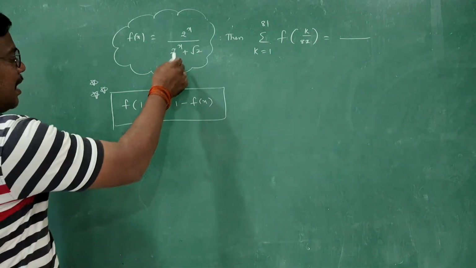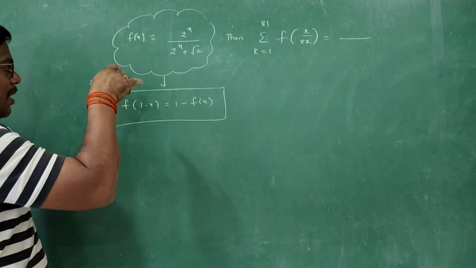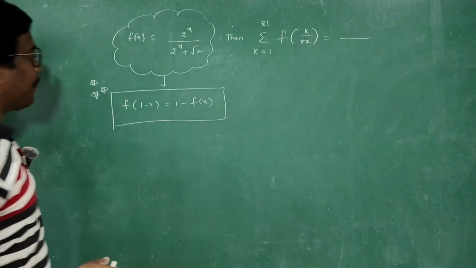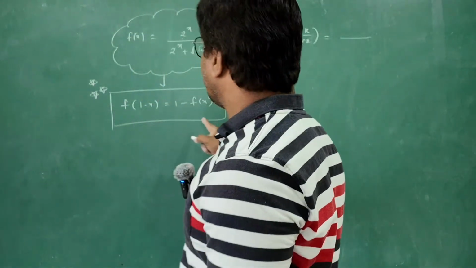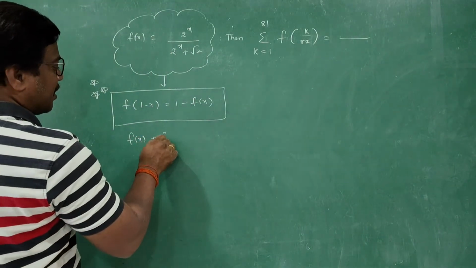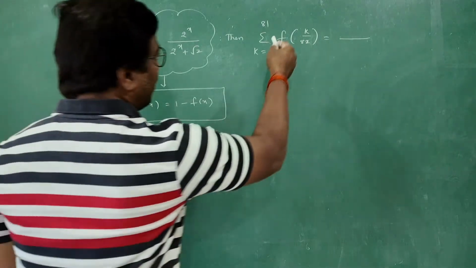Okay, it satisfies this functional equation. So if you remember this, then only you can solve, otherwise it is very difficult. Yes, and from this I can write the value of f of x plus f of 1 minus x as 1.